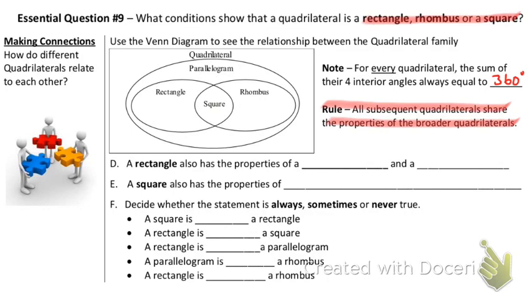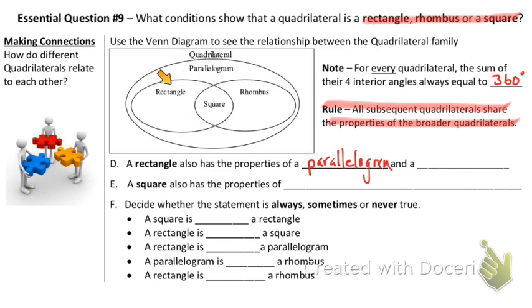All right? So let's fill this in. A rectangle also has the properties of a parallelogram, and that's because, if you notice, the rectangle is inside the circle of the parallelogram.